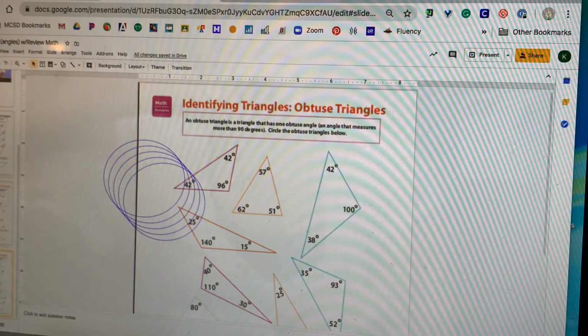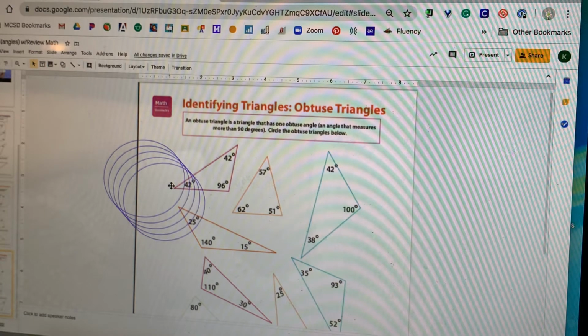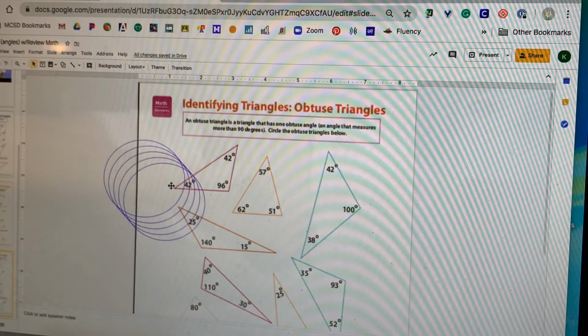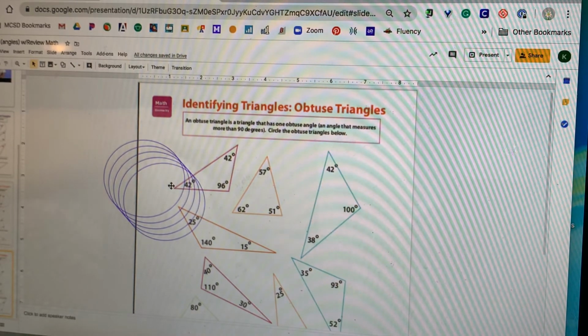And now you're back. Now we're going to find an obtuse triangle. Remember, an obtuse triangle is any triangle with an obtuse angle. An obtuse angle is bigger than 90 degrees. So any triangle that has one angle that's bigger than 90 degrees.